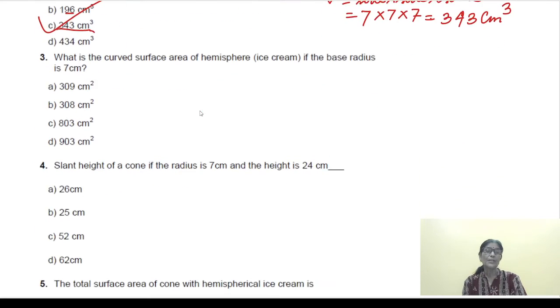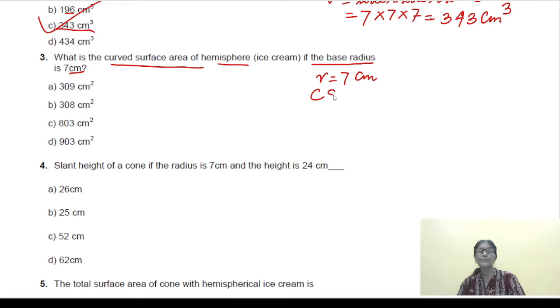Then part 3, what is the curved surface area of hemisphere if the base radius is 7 centimeter? R is 7 centimeter. You need the curved surface area of hemisphere. The curved surface area of the sphere is 4 pi r square and the hemisphere is 2 pi r square.